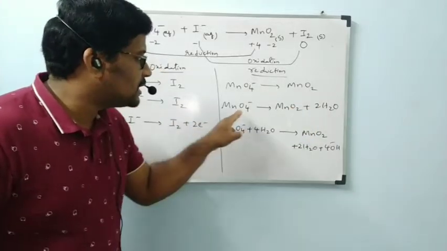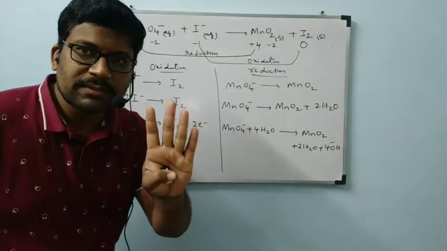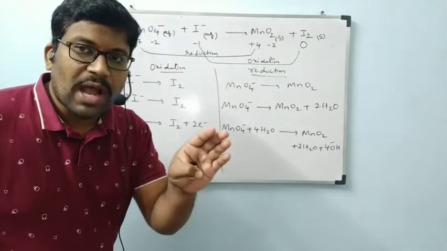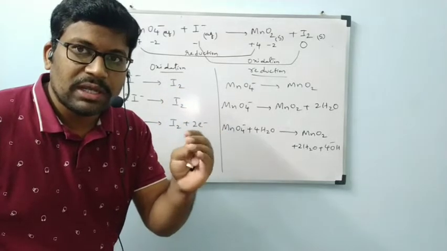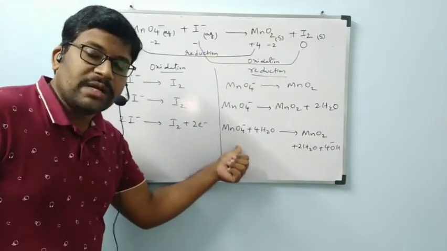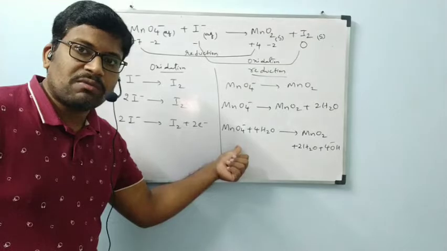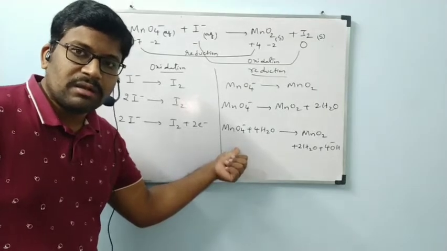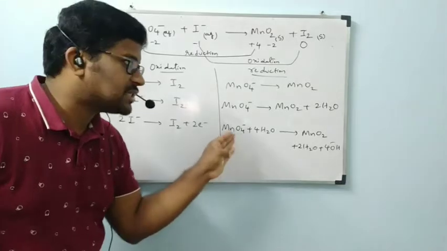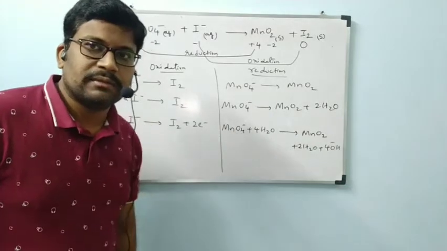Here 4 are there, here 0. So 4 hydrogens must be balanced. That many water molecules must be added on the hydrogen deficient side. The same number of OH minus ions must be added on the opposite side.